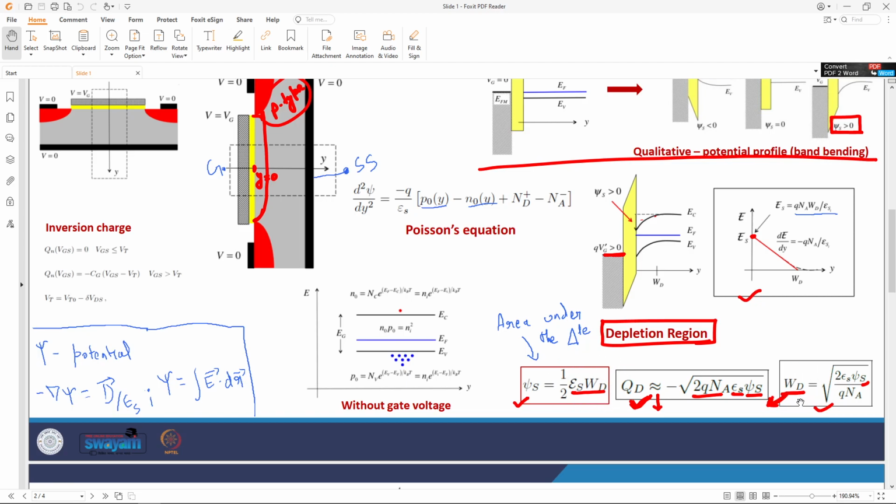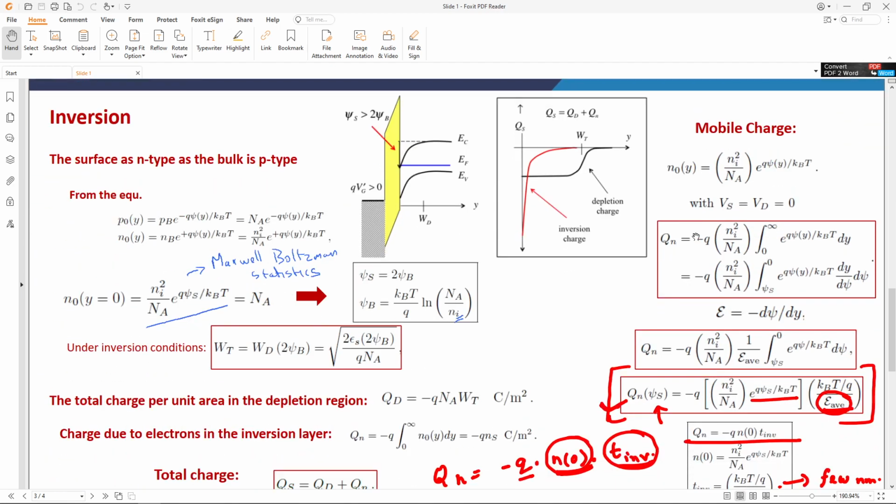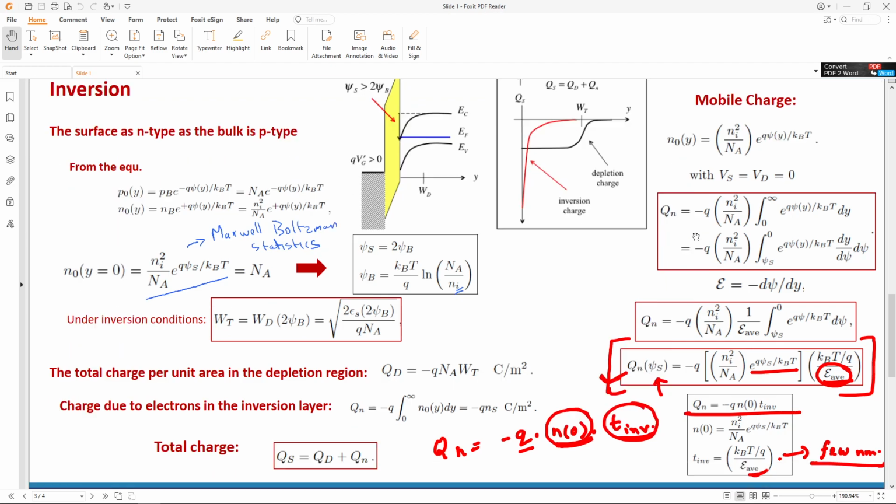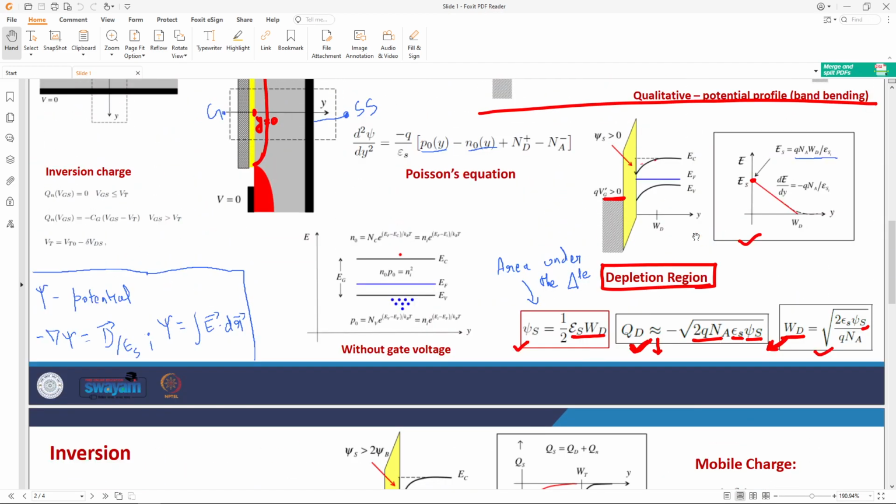So from this depletion layer width that we have calculated and the value of the electric field at the surface, which we can derive... actually, we don't have to, since psi s will be the known quantity.